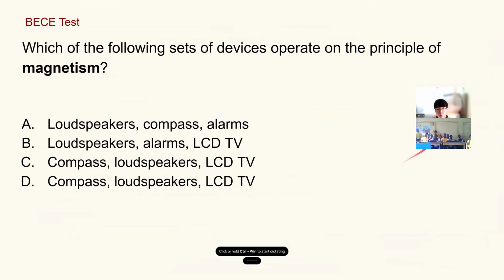Okay, so let's look at this question. Which of the following sets of devices operate on the principle of magnetism? We've looked at a couple, but which of these do you think is the correct set?